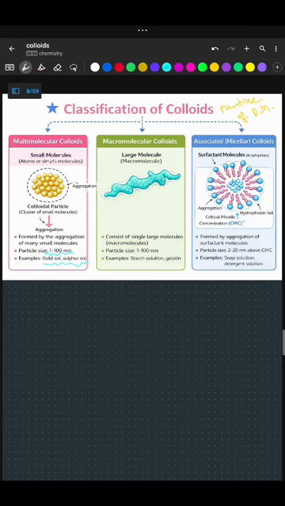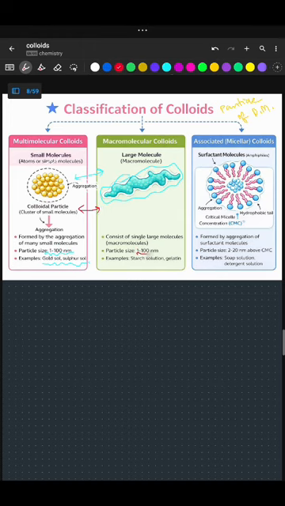Another type we have is macromolecular colloids, which consist of single large molecules. It is very large in size. The difference between these two is that this one is very intact and you get the whole size as one, and the other is aggregated, broken down. So that's basically the difference between these two.